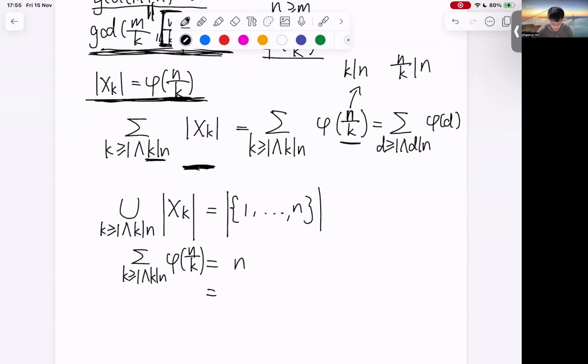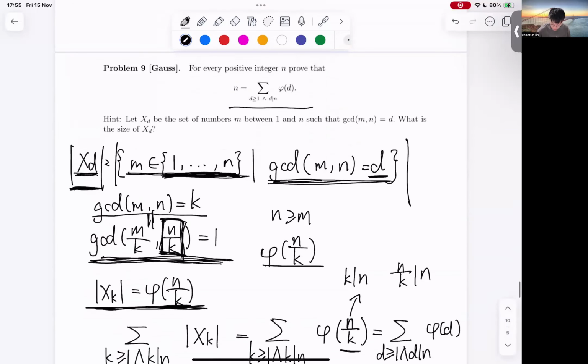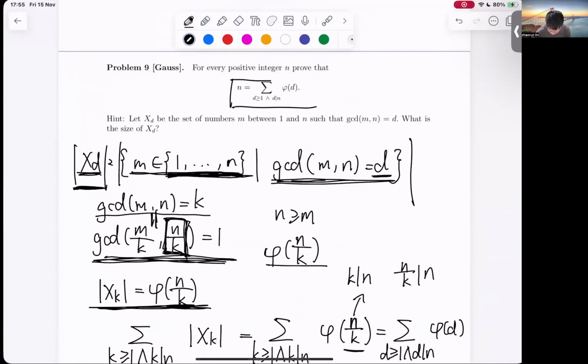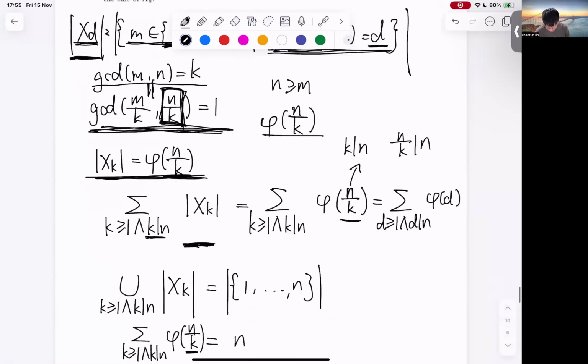And since this is just a divisor of n, we could write it like this. It's just a divisor. So this just proves this relation.